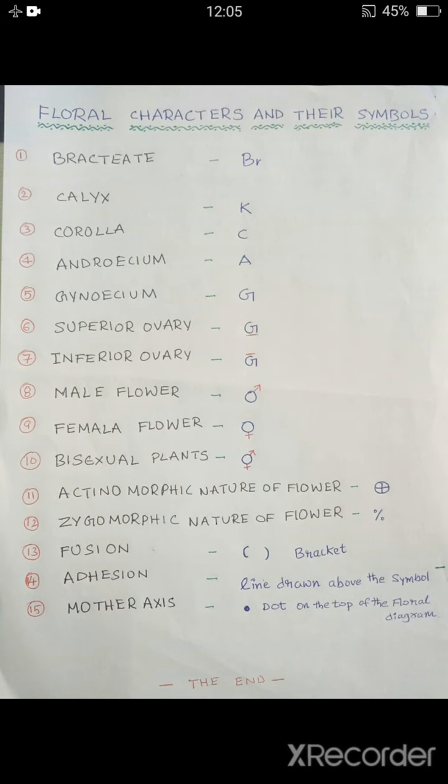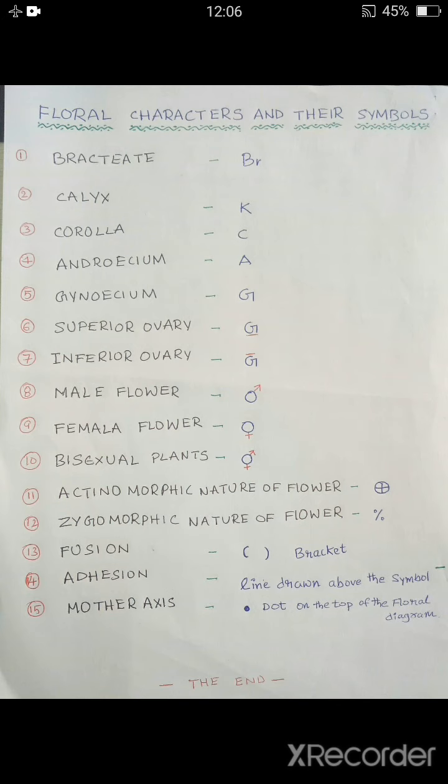Next, calyx, second one. Calyx is the outermost layer of the flower. It is indicated with capital K, not with capital C. Many students get confused here. Why? Because see the third one, corolla, is indicated with capital C. Since these two floral characters start with the letter C, scientists showed some variation for the symbols.